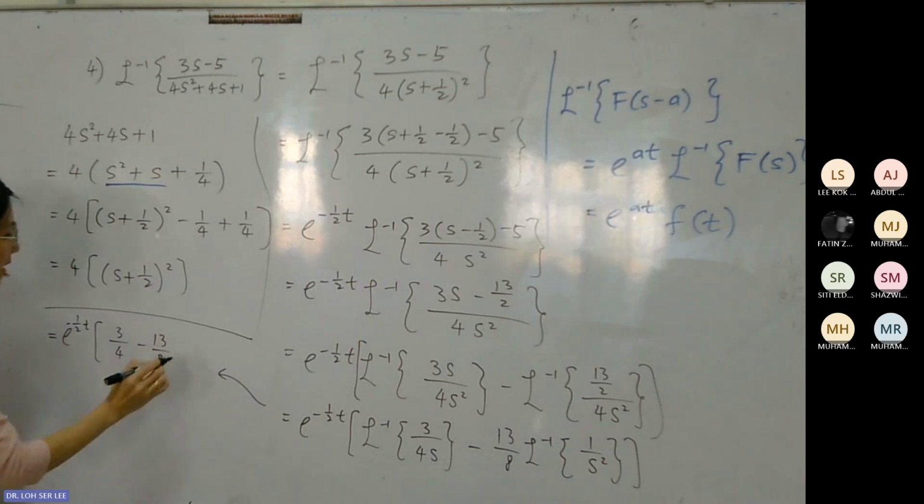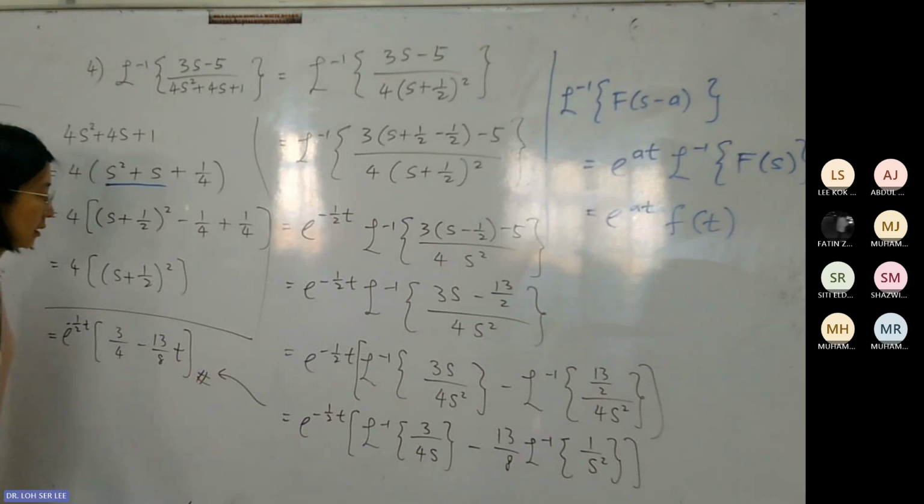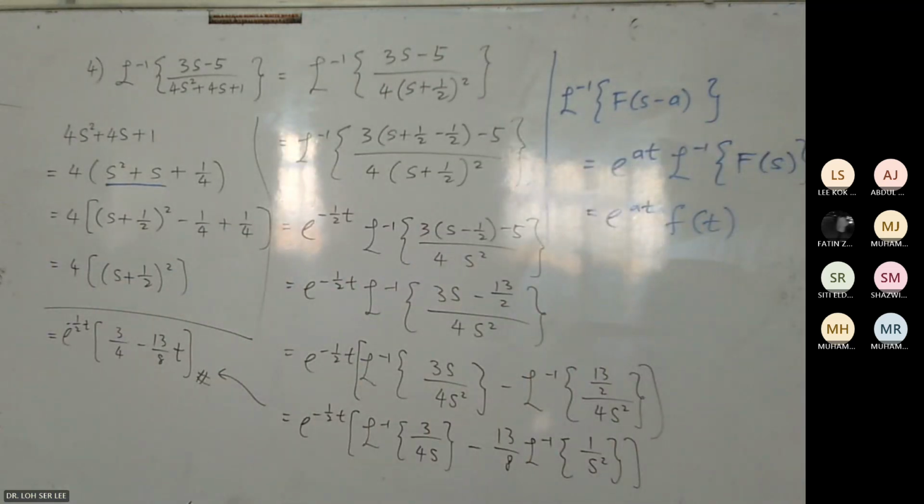Minus 13 over 8. This one is t, right? Inverse Laplace 1 over s squared is t. Okay, any questions?